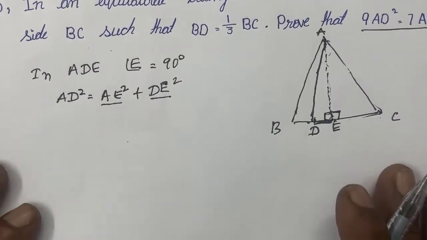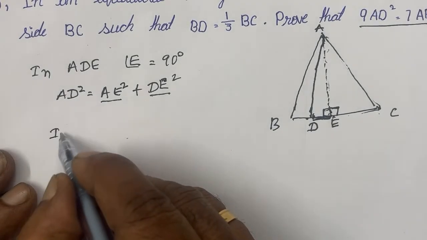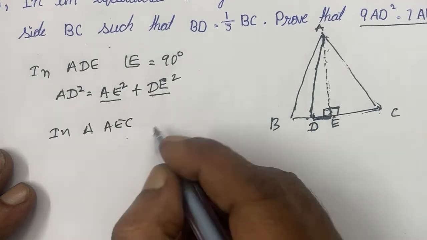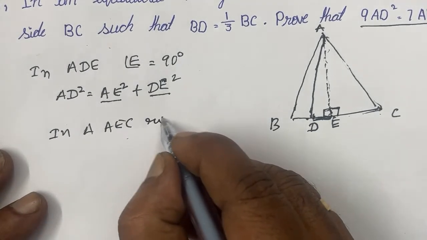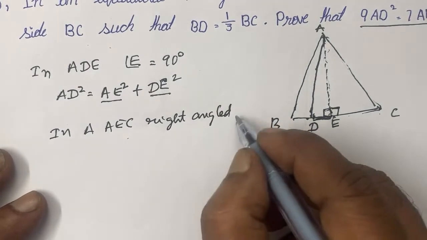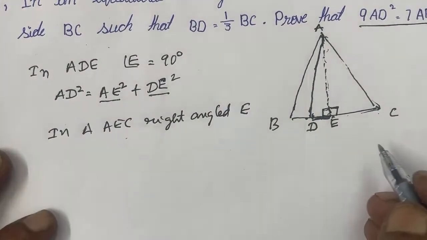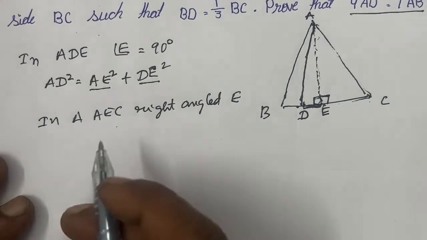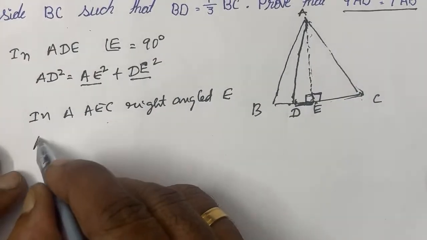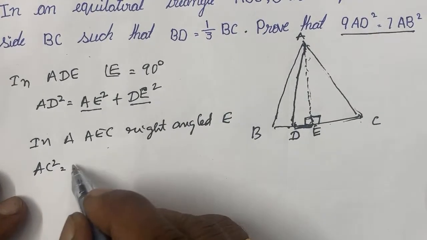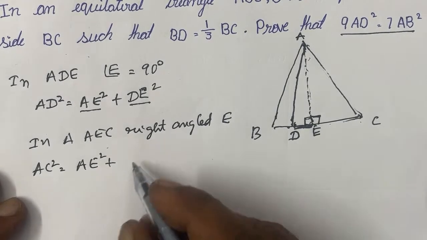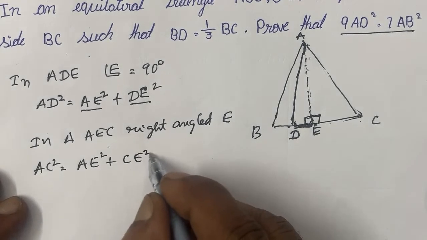So now, in triangle AEC, right angled at E, AC square is equal to AE square plus CE square.